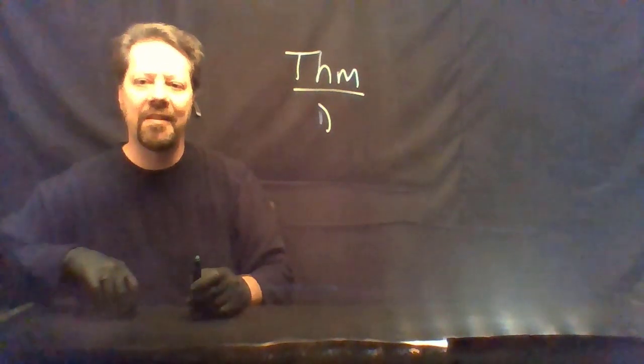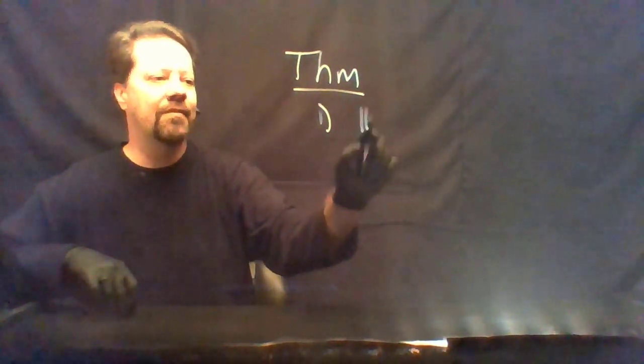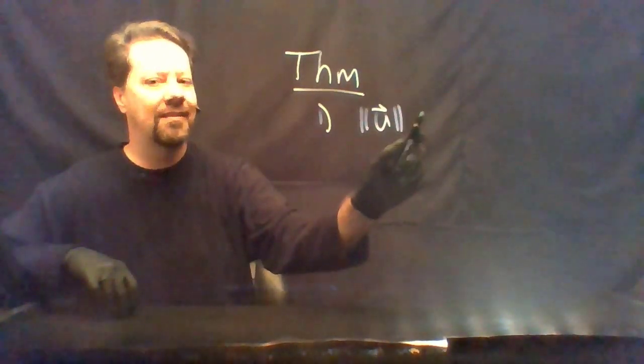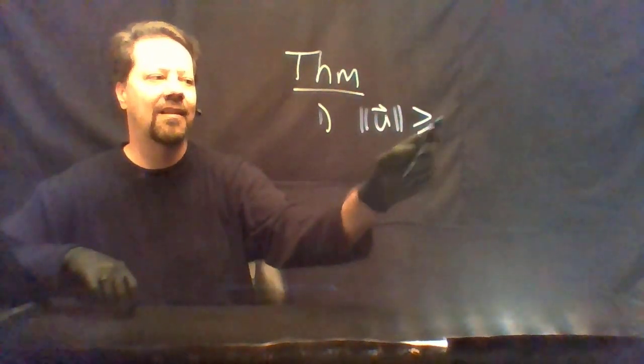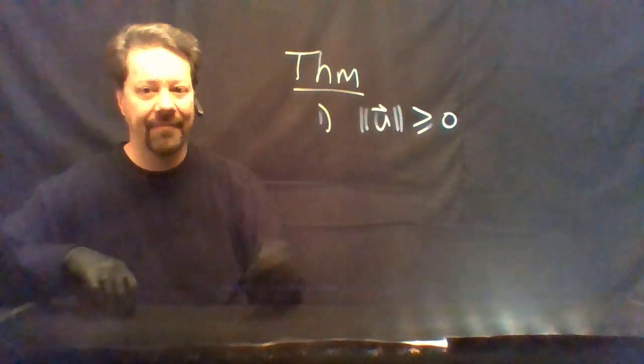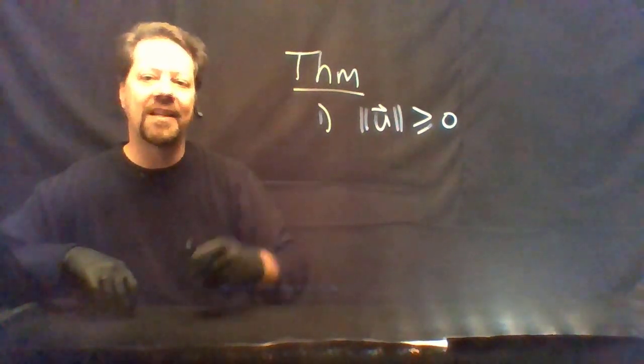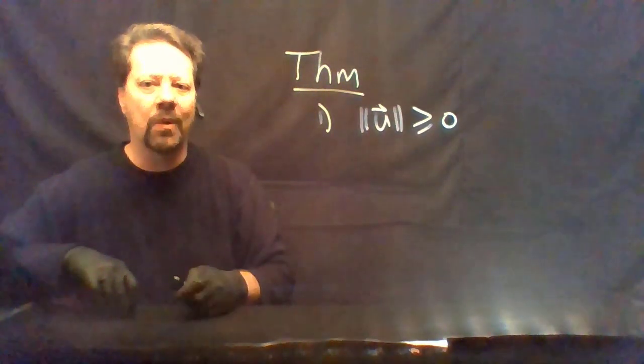We're going to have the following set of properties. First of all, pretty obvious, you can't get a negative length. Those are out. This norm is defined in terms of the principal square root.